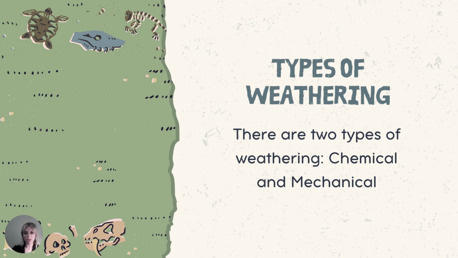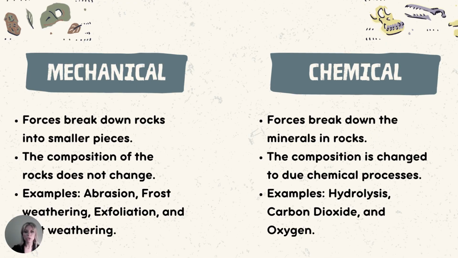Alrighty, let's keep going. So mechanical weathering forces the breakdown of rocks into smaller pieces. Just like that big boulder we see, it can go into smaller rocks, and those smaller rocks go into sand. Well, how does this happen? It can happen from abrasion, frost weathering, exfoliation, and even salt weathering.